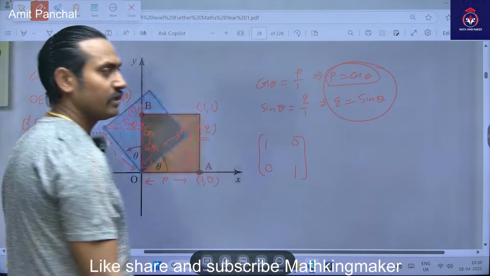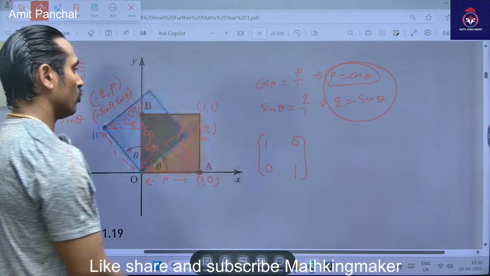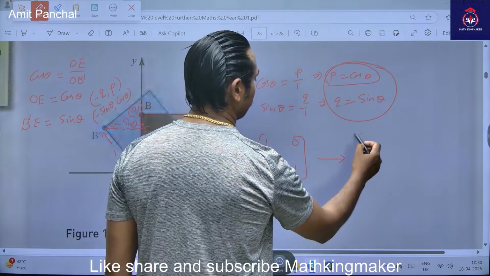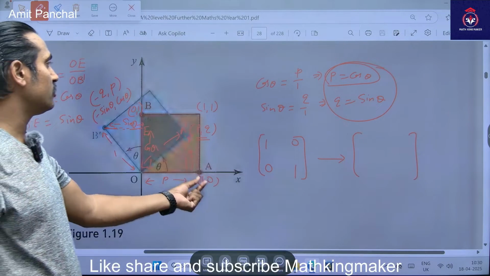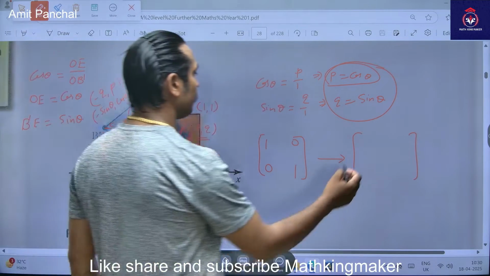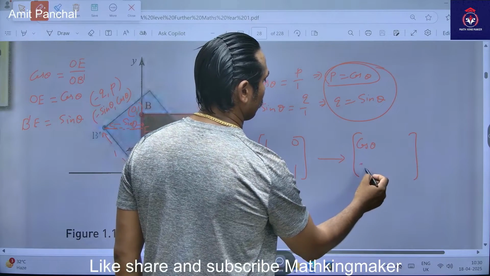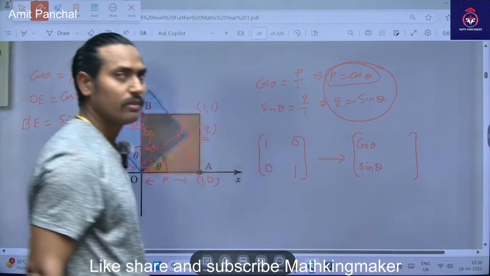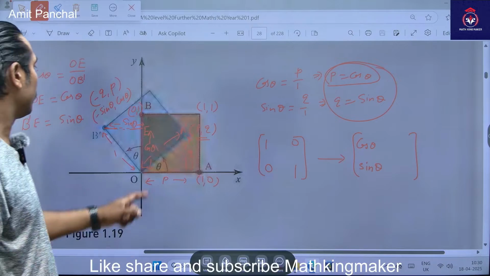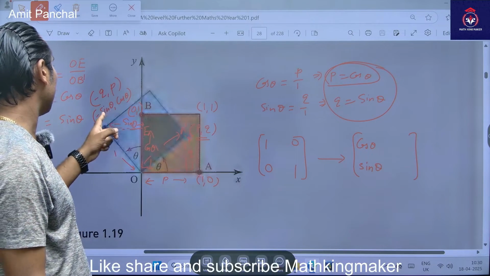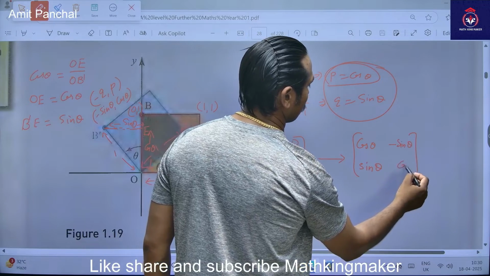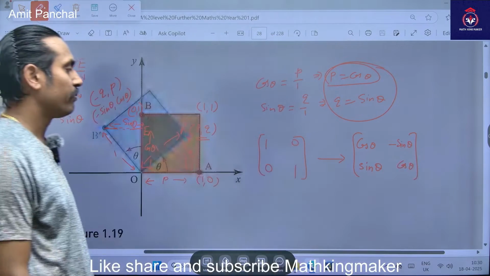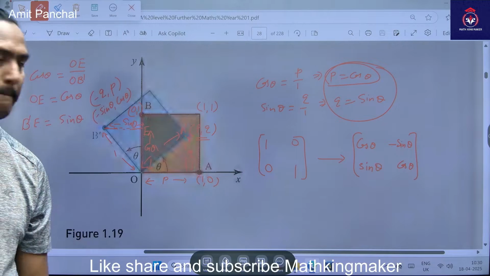If I rotate it theta degrees anti-clockwise, the image of (1, 0) is (cos theta, sin theta), isn't it? Yes, sir. And the image of B is (minus sin theta, cos theta). Got it now? Yes, sir, got it.